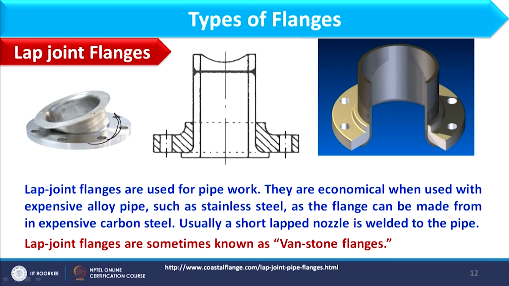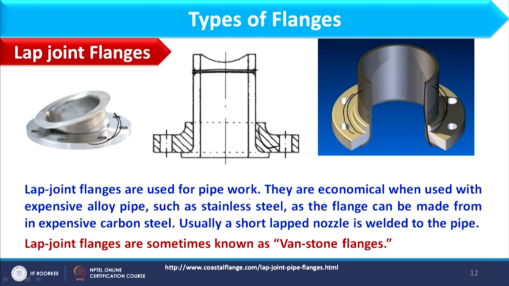With the pipe this lap is connected, and this disc basically slips over the lap. It is more clear in this image. Here you see this lap, and here we have the flat section of the flange.